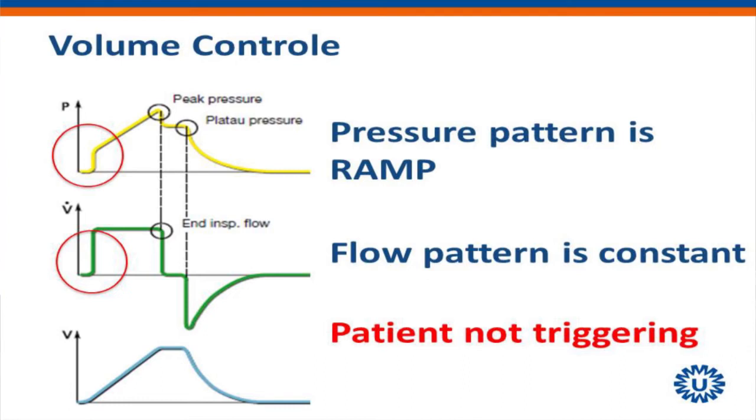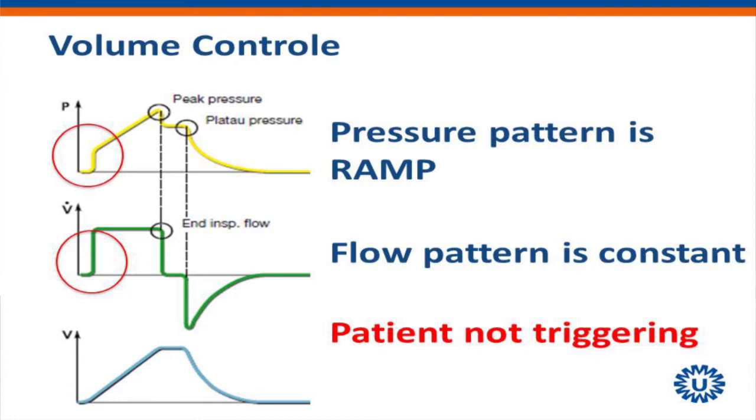Notice this flow is returning here and here to 0. Is that always so? Is flow always returning to 0? If the patient is obstructed, the flow is not returning to 0.